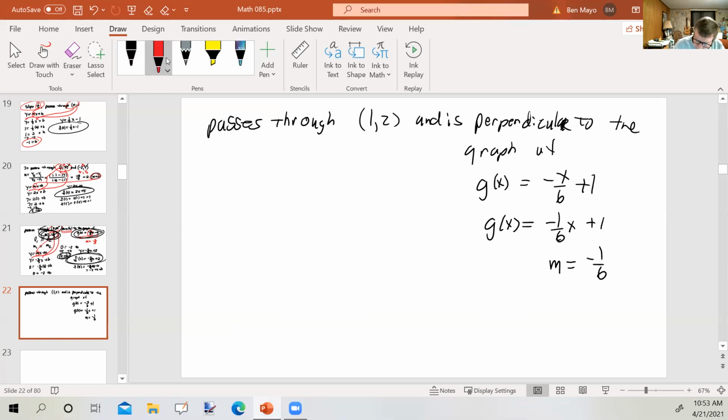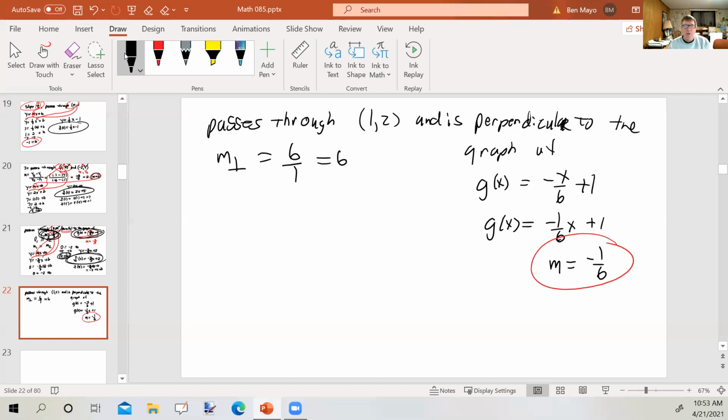So if the slope of g of x is this, the slope of the line that's perpendicular would be the negative reciprocal. So that would be a positive 6 or 6 over 1, either way. So the slope of the new line that's perpendicular to the old line is 6.